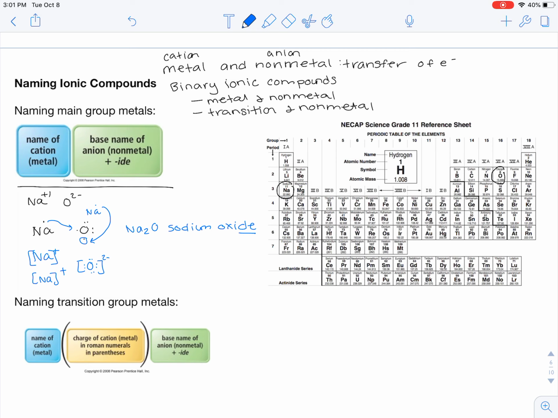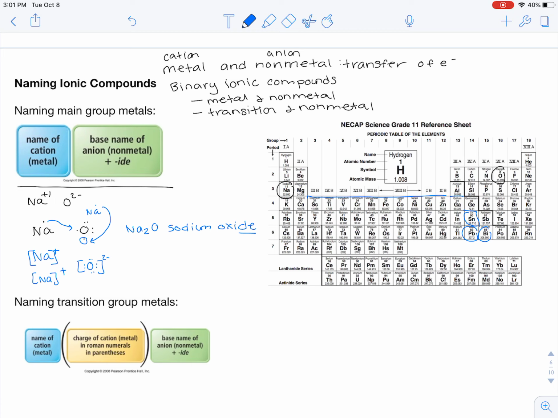Now, if you have a transition metal, things change. So transition metals are in our D block over here, with a few exceptions underneath our staircase, like selenium and lead and bismuth. Also are transition metals.